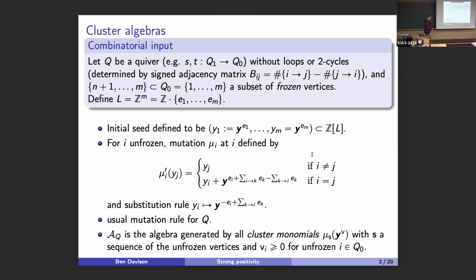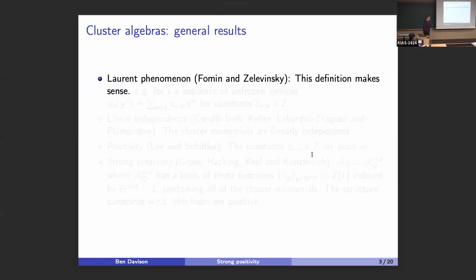As I was saying, the definition is sufficiently elementary that, up to leaving out this mutation rule, I can get it onto one slide. But the structures we get are incredibly rich and show up all over mathematics, and also have some kind of deep mysteries that we're trying to uncover. So what are the general results?